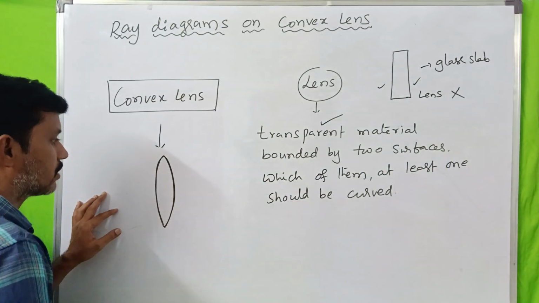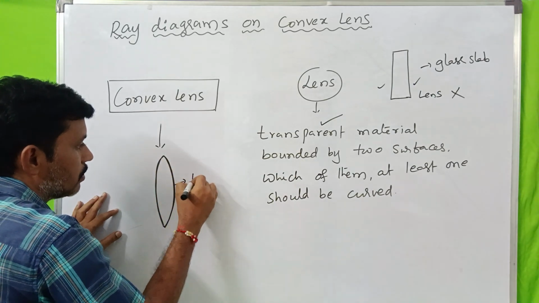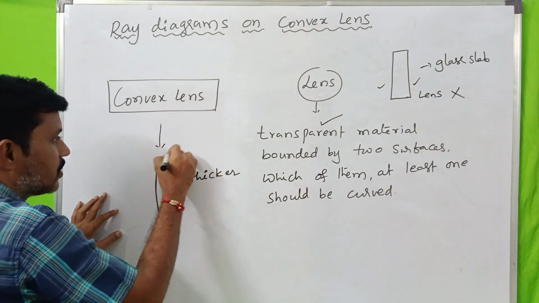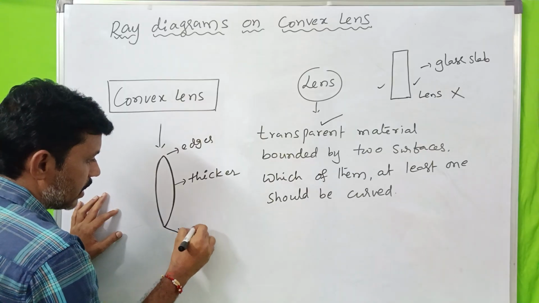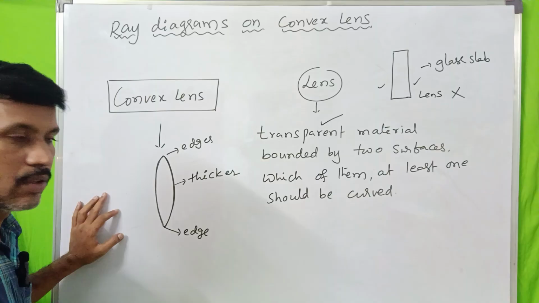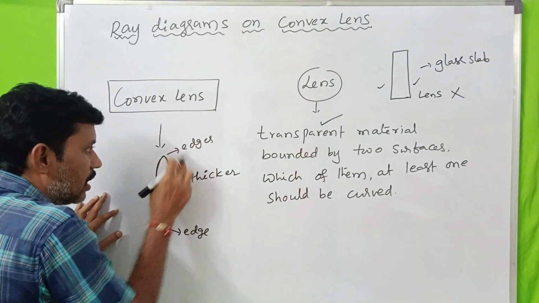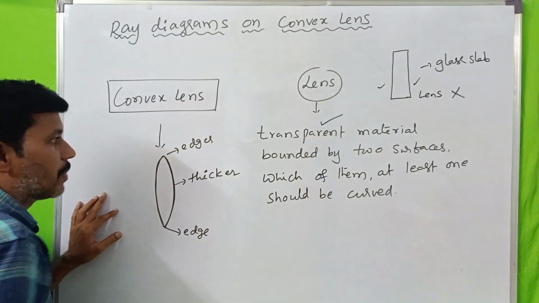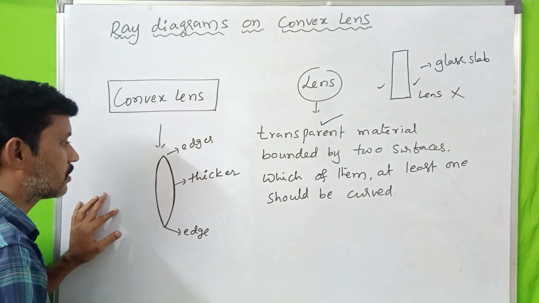In this convex lens, the middle is thicker when compared to the edges. This is the edge, this is the edge, and this is the middle part. The lens which is thicker in the middle compared to the edges is called a convex lens.